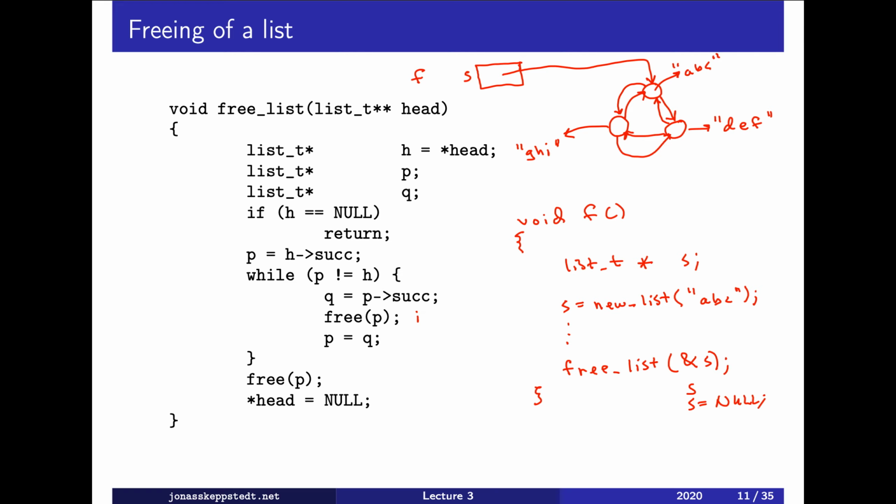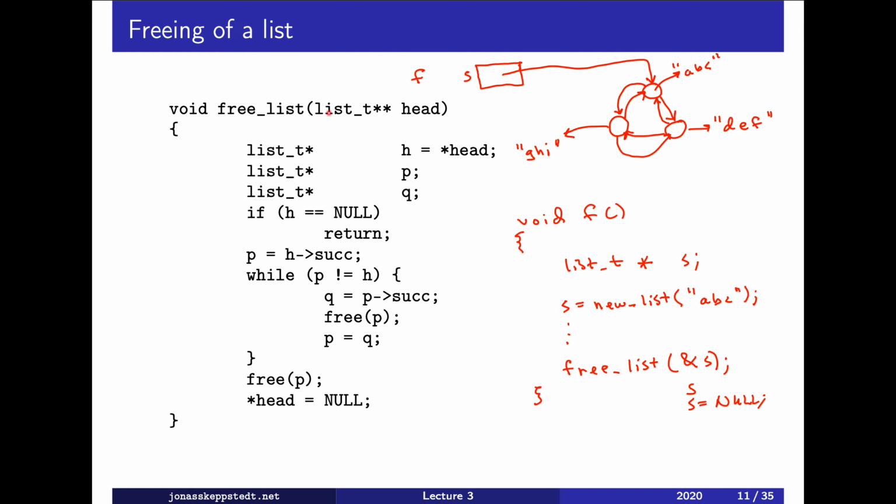That means we should not start with freeing the first node and then comparing if we come back. Instead, what we put here as the argument is the address of S. S is a pointer to a list, so the address of S is a pointer to a list.